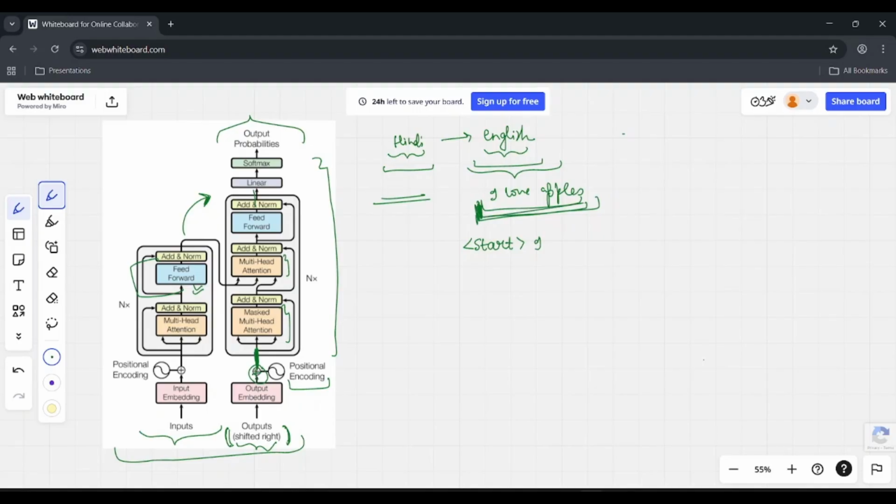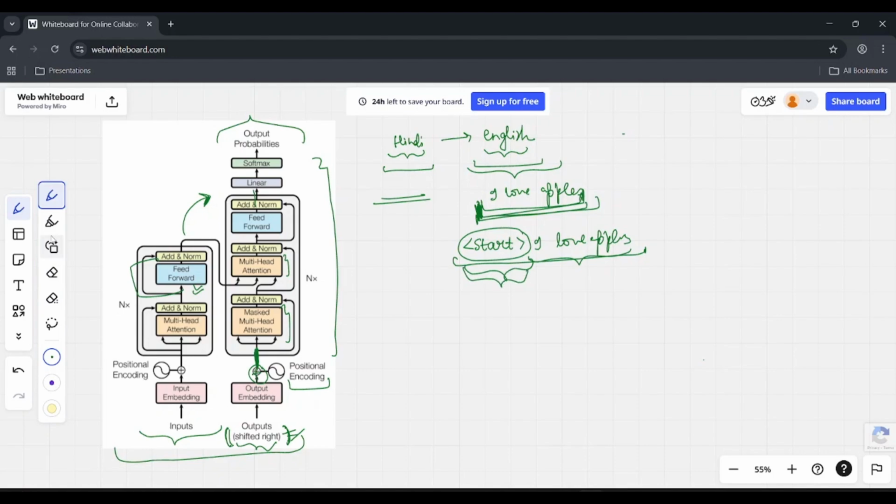So instead of sending this as input, you are sending this as input. You are just adding one additional token and you are shifting the entire sentence to the right of it. Okay. So this is what shifted right means. And why do we do it? Because this tells our decoder that it needs to start processing now.